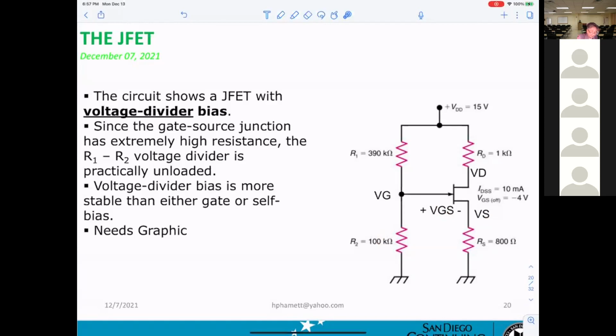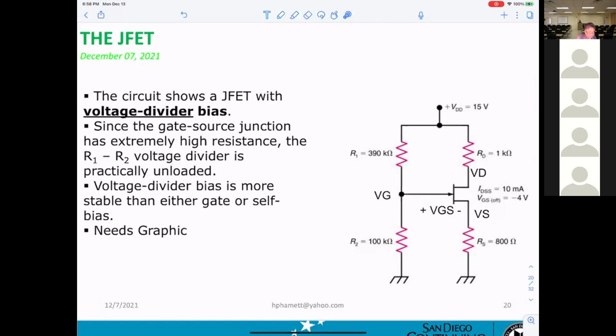Since the gate source junction has extremely high resistance, the R1 and R2 voltage divider is practically unloaded. So basically they can use two resistors instead of a power supply. A resistor costs 5 cents each; a power supply will cost more.